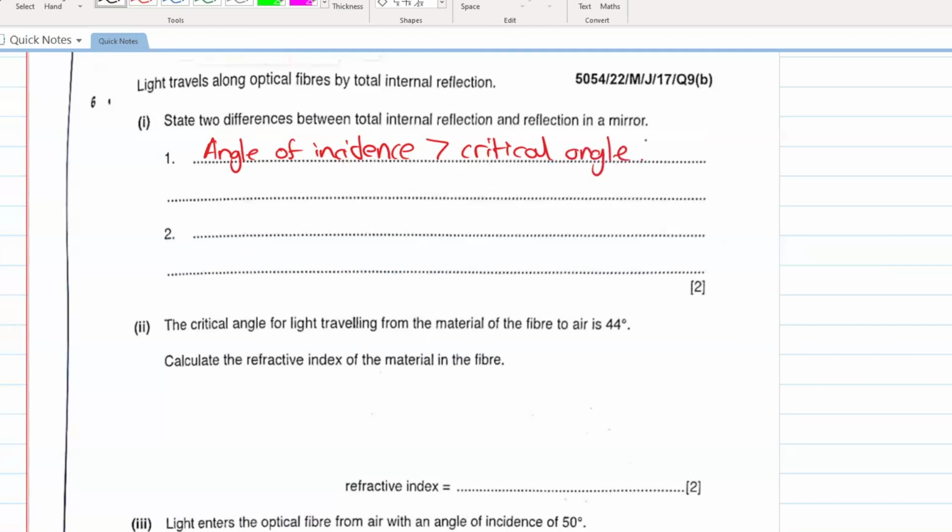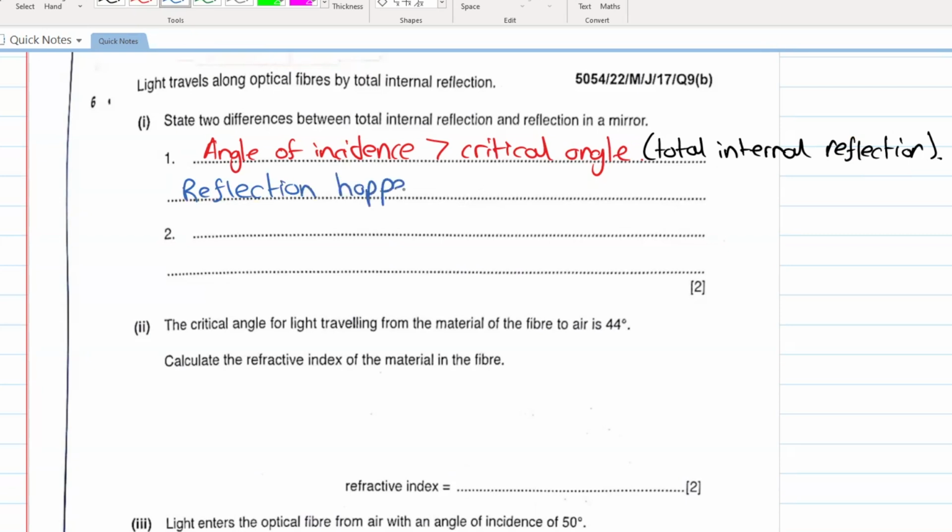Let me write it. I hope you can write these differences. These are also given in the notes. Total internal reflection has this, and reflection happens at any angle.